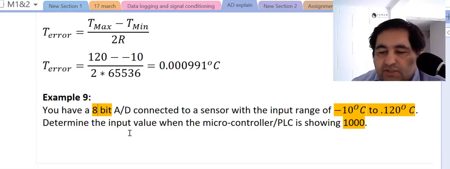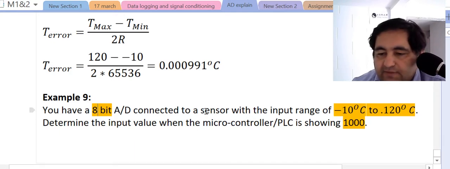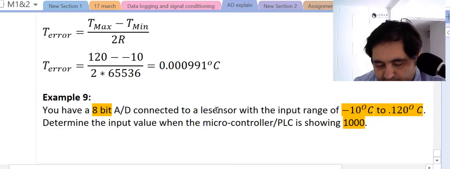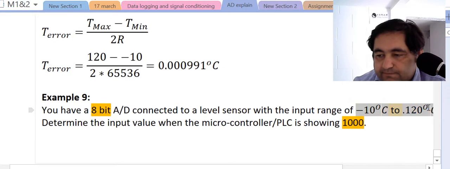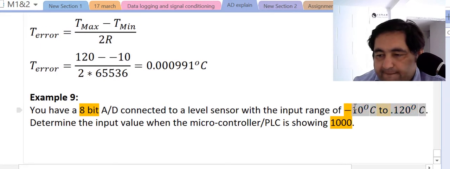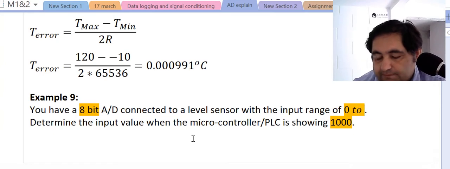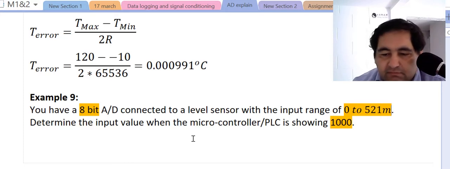Before that it was a temperature sensor, now I want to go for a level sensor with an input range of, for example, 0 to 521 meters. Just some made up number.